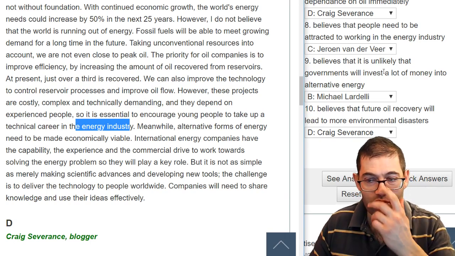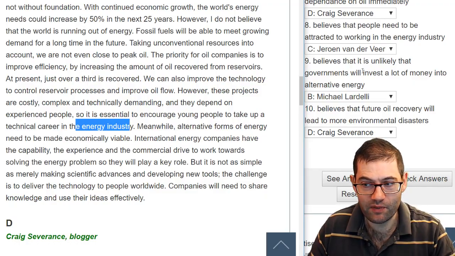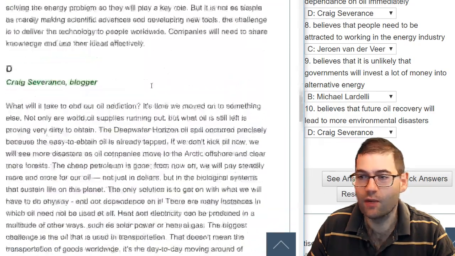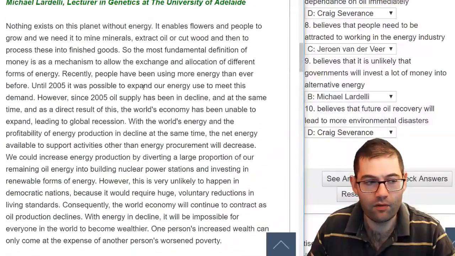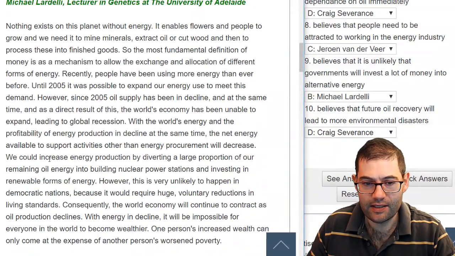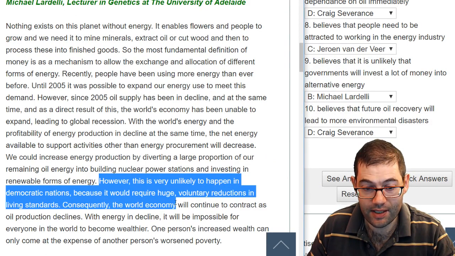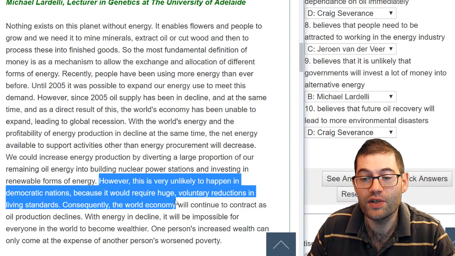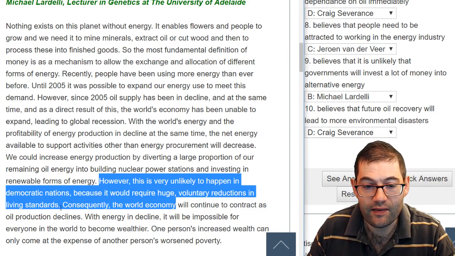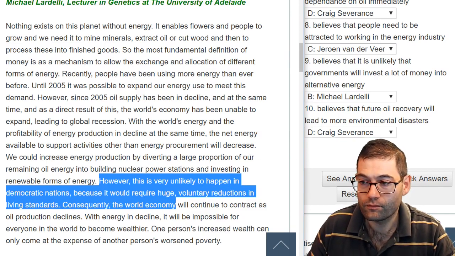Number 9, which writer believes that it's unlikely that governments will invest a lot of money into alternative energy? We can see that in B. I was going in the wrong direction there for a second. And it says here, however, this is very unlikely to happen in democratic nations because it would require huge voluntary reductions in living standards.